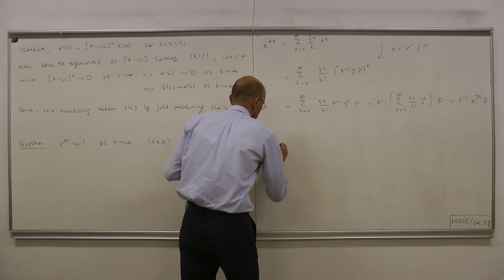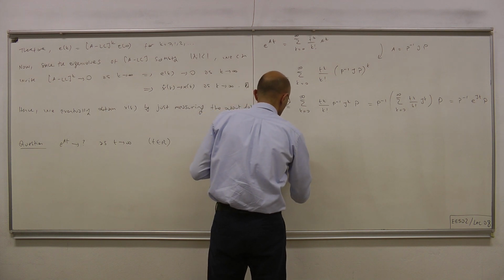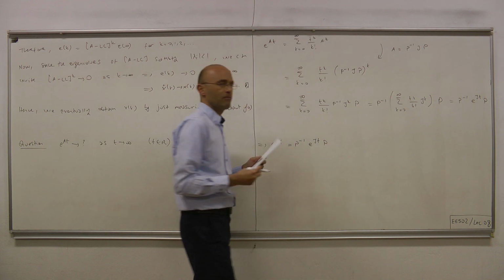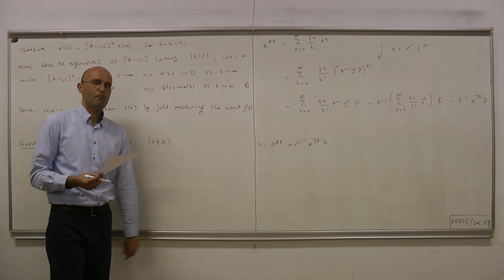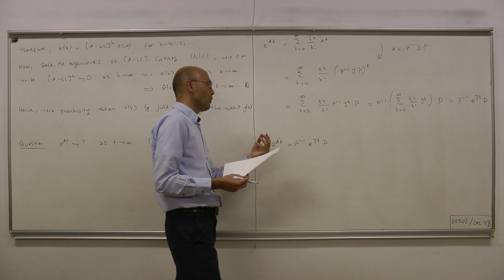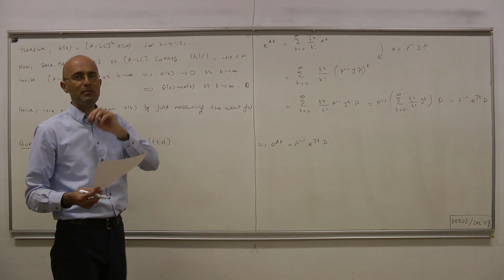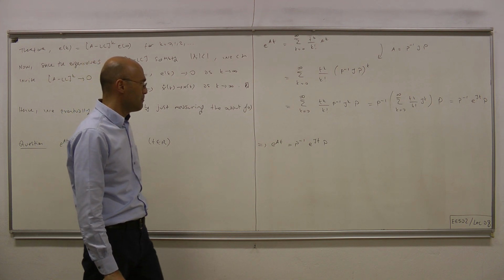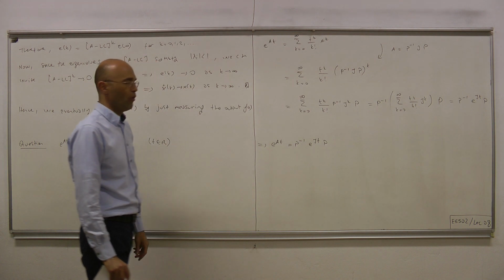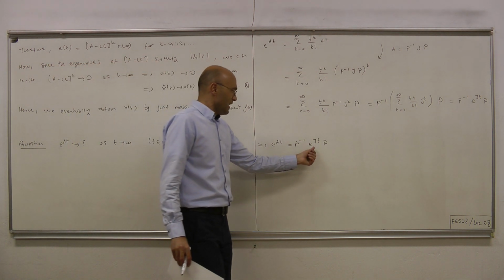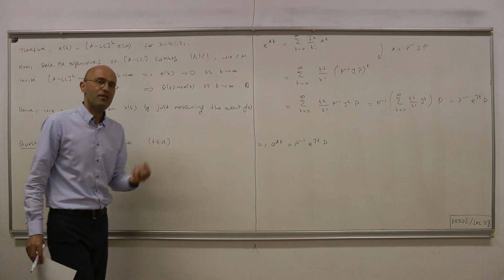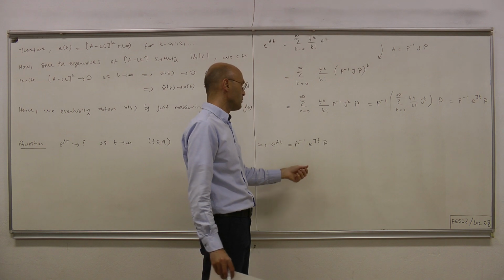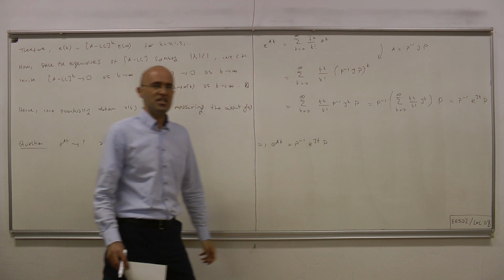So let's rewrite that. e to the At equals P inverse e to the Jt times P. Remember, J was a block diagonal matrix with blocks called J1, J2 up to JL, L being the number of linearly independent eigenvectors of A. Because of the block diagonal form of J, e to the Jt will inherit that form, and in the diagonal entries we'll have e to the Ji t.